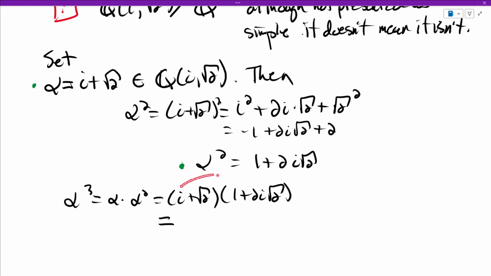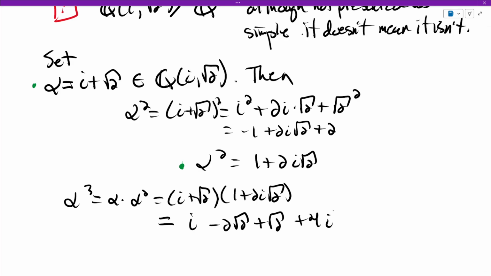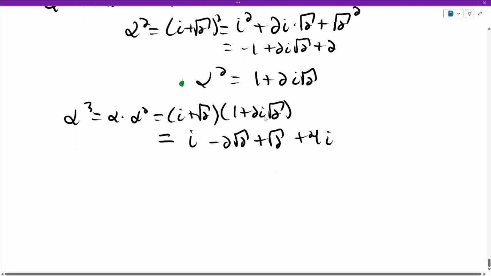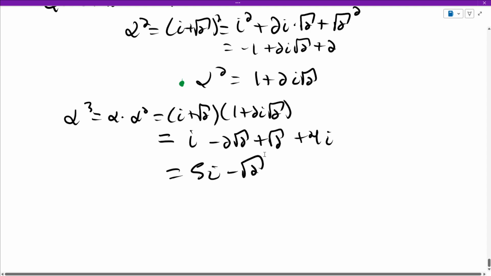So we have first, outside, inside, last. Our first terms are i times 1, which is i. Our outside terms are i times 2i root 2. So that's 2i squared root 2, which is -2 root 2. And then the insides, root 2 times 1 is positive root 2. And then the last, root 2 times 2i root 2 is going to be 4i because root 2 squared is 2, so an extra 2 pops out. So we have 5i minus root 2. Cool. So alpha cubed is 5i minus root 2.